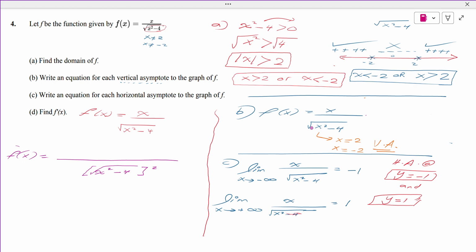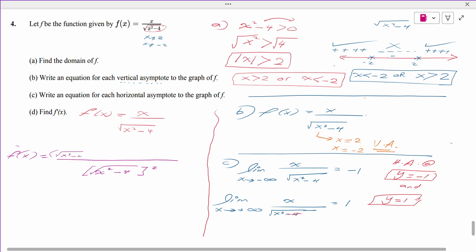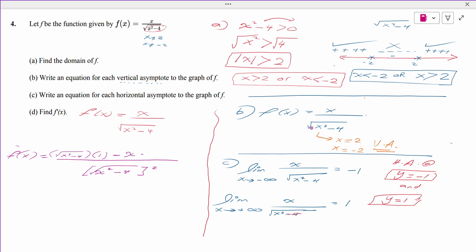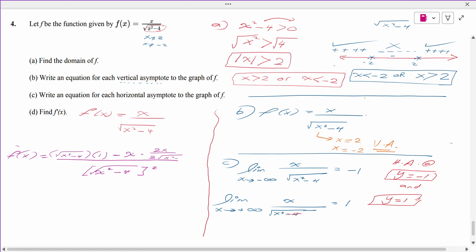Now here, what do we write? We will write the denominator times the derivative of the numerator, which is 1, minus the numerator, which is x, times the derivative of the denominator. Now the derivative of the denominator is going to be the derivative of what you have under the square root, which is 2x, over 2 times the root itself, the square root of x squared minus 4.